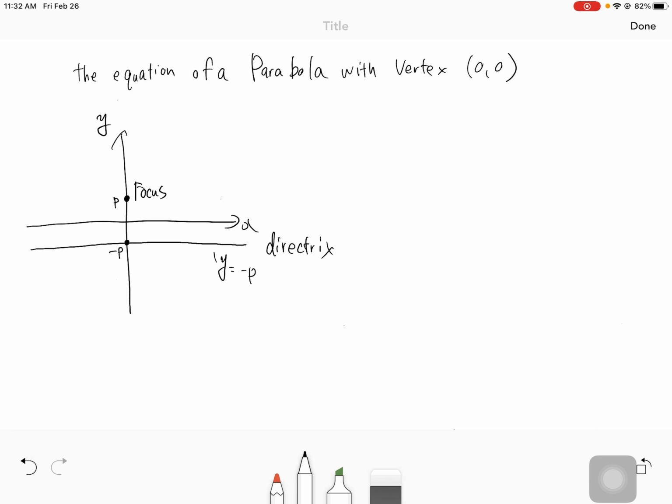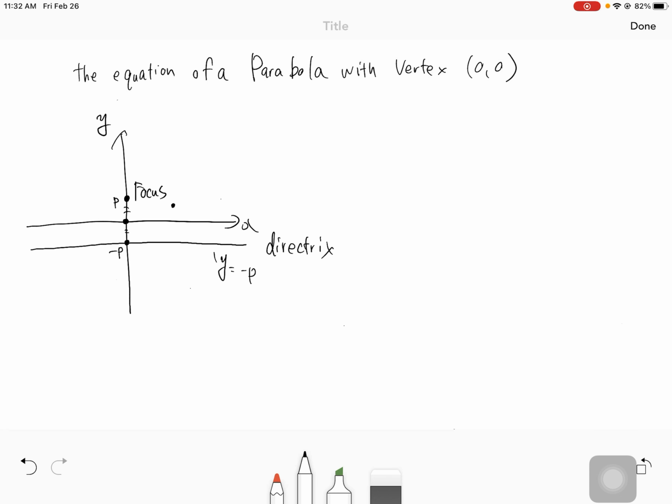Parabola is the set of all points in a plane equidistant from focus and directrix. So, for example, here, this point, the distance from this point to the focus and from this point to the directrix is the same.